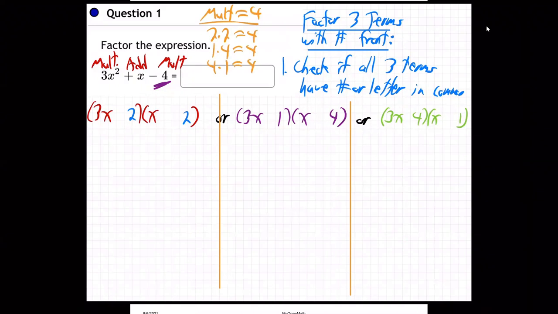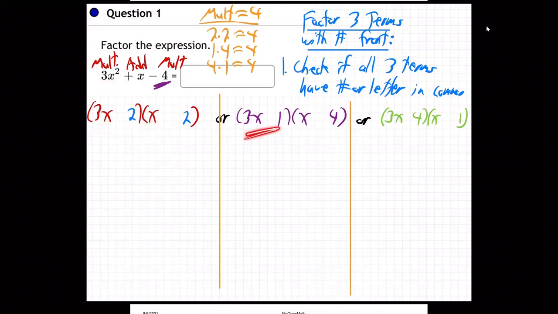Those are different orders. Now, in the past, you might say, Mr. Aaron, you always say the order doesn't matter. Well, it does now. Sadly, that's why this is much harder. One of these parentheses begins with a 3x, and the other begins with a regular x. They're different because we have to make 3x squared in the front. So now the order matters.